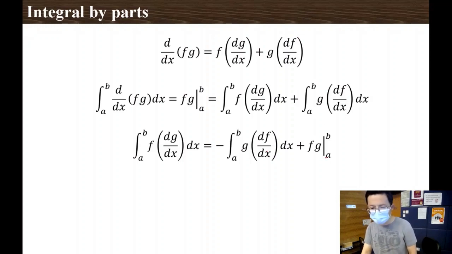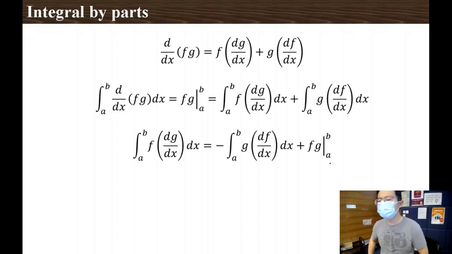But this term is actually very friendly to physicists in the sense that we are typically integrating to infinity or starting from the origin 0. So the expression of this fg at the two boundaries is extremely simple.